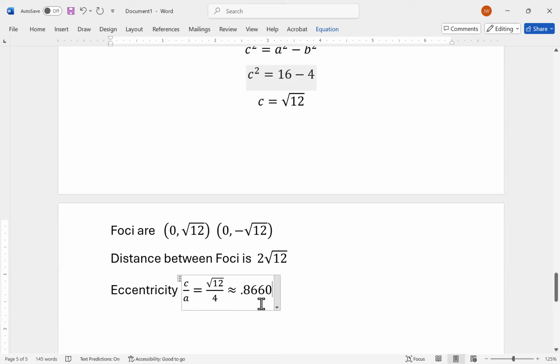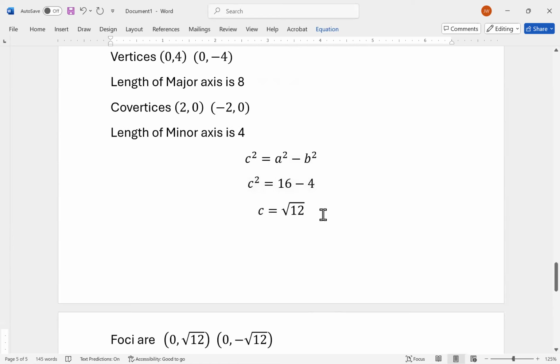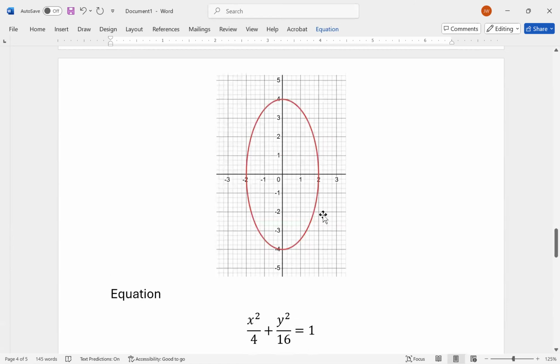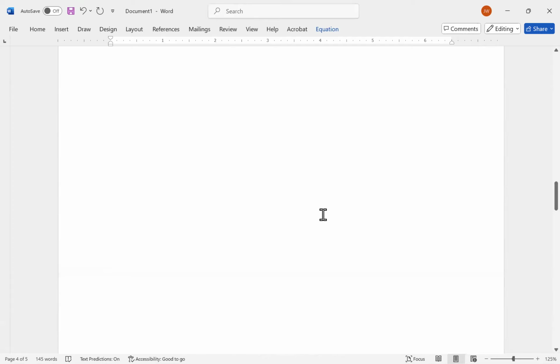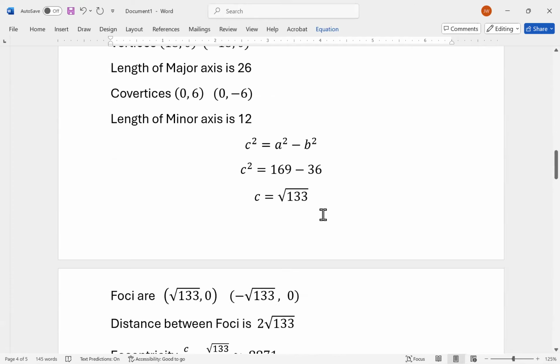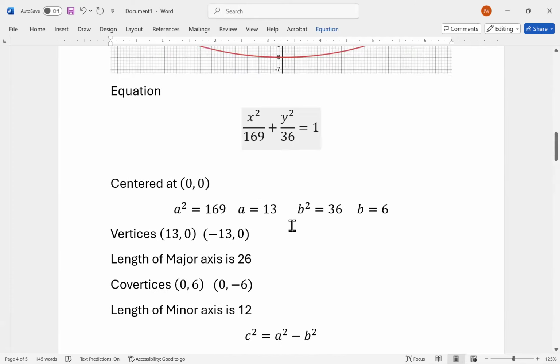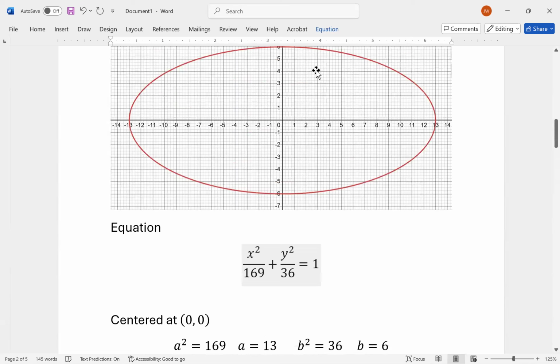Notice that 0.8660 was pretty close to the previous one I did. I got 0.88671. And if you look at the two graphs, they're stretched out similarly from a circle.